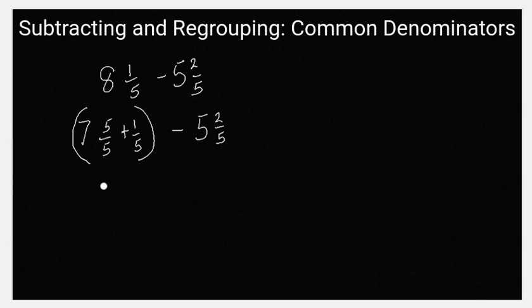Okay, now this will give us 7, 6 over 5, an improper fraction with good reason, minus 5 whole number, 2 over 5. And now we can go ahead and subtract. 7 minus 5, 2. 6 minus 2, the 6 right here, minus 2, 4 over 5, and we're good.